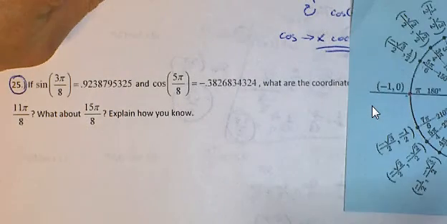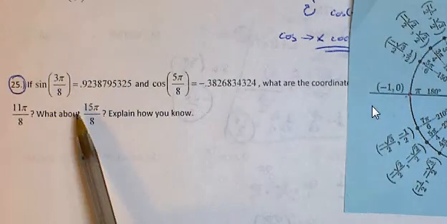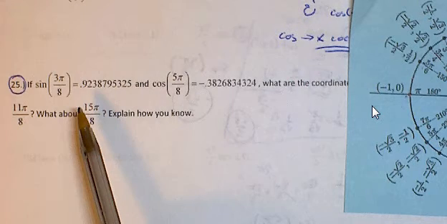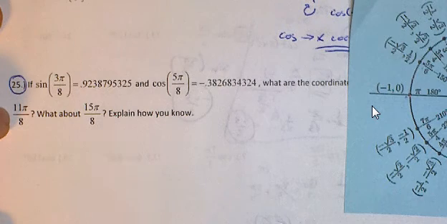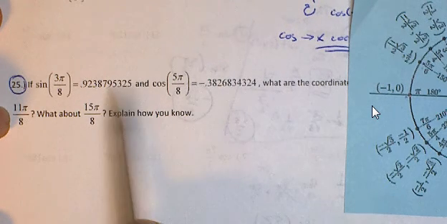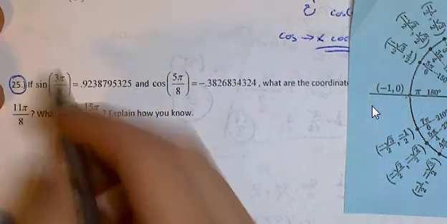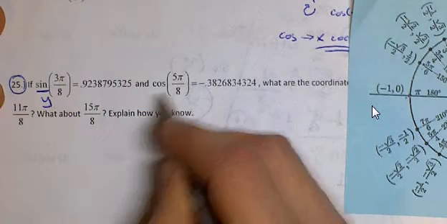But all of the things that were given and the two things that we're asked to find are some variant of this ordered pair. Remember that sine is y and cosine is x.